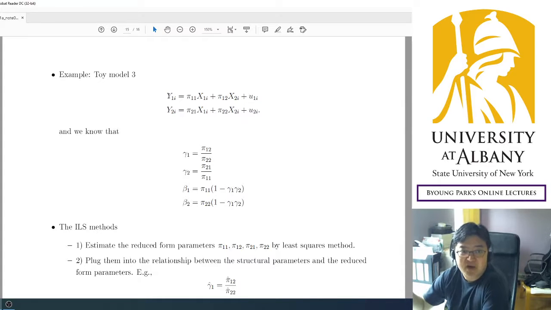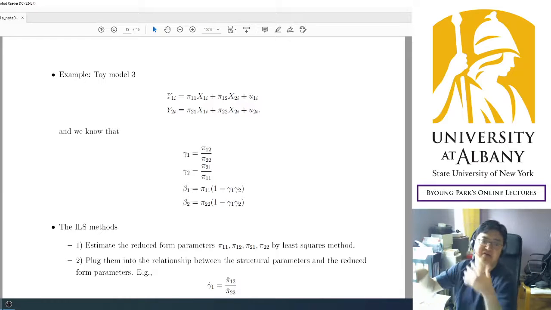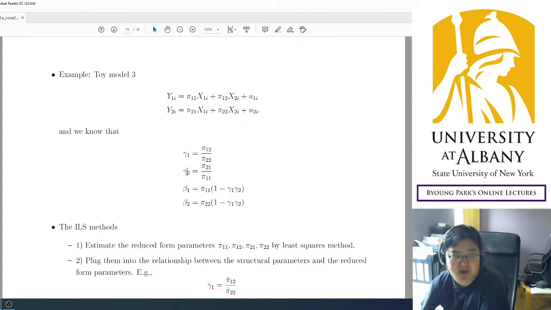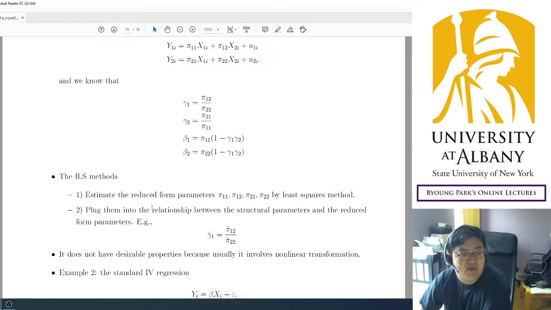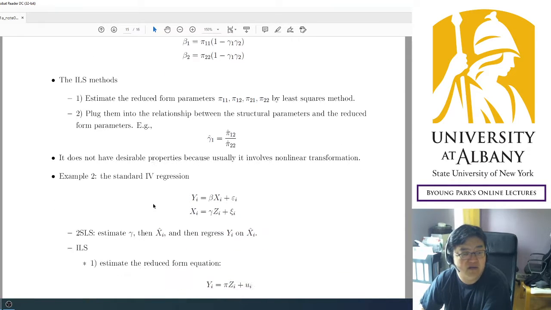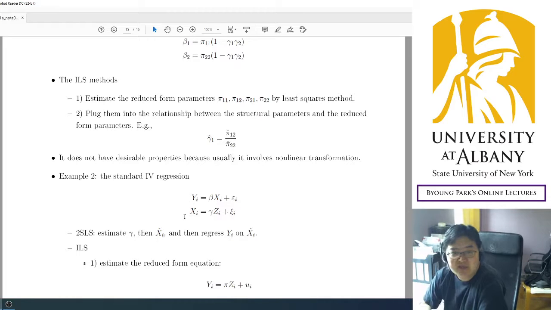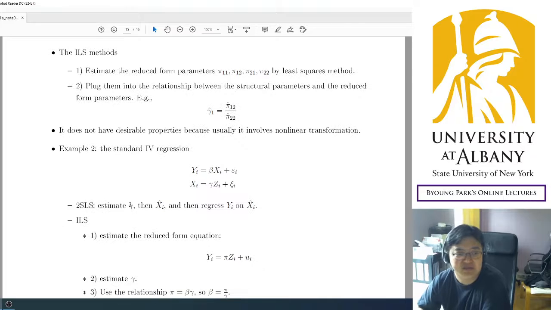The reduced form parameters are estimated by least squares, and they are converted back to structural parameters. Okay, so the idea is straightforward. That is why this estimator is considered in the textbooks.